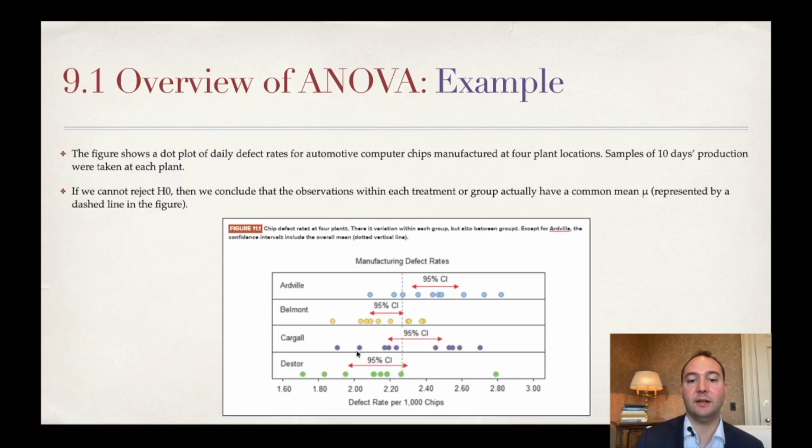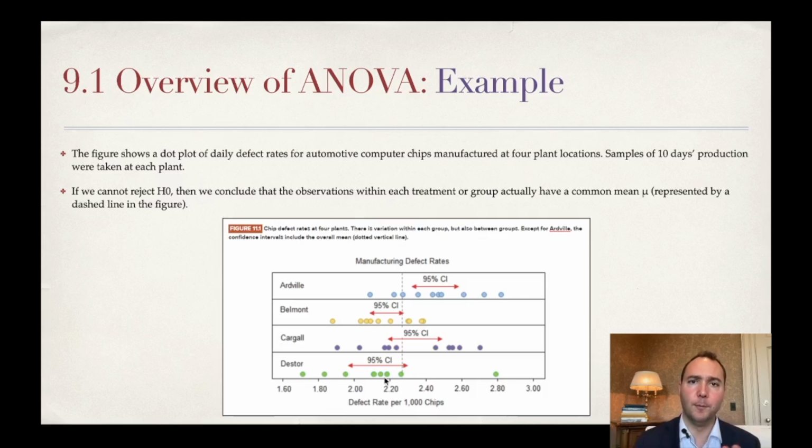Let's say that we calculated a confidence interval. CI stands for confidence interval. A 95% confidence interval means we can be 95% confident that the true mean of the population of that group is somewhere in this range. We call that range a confidence interval.